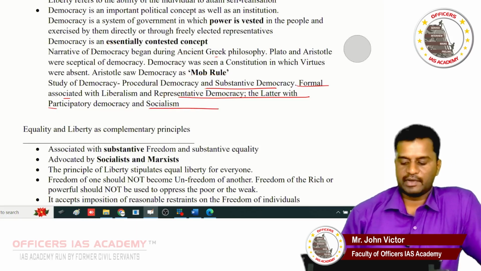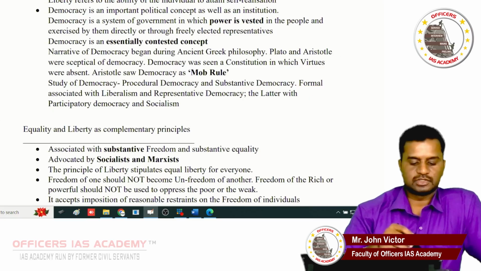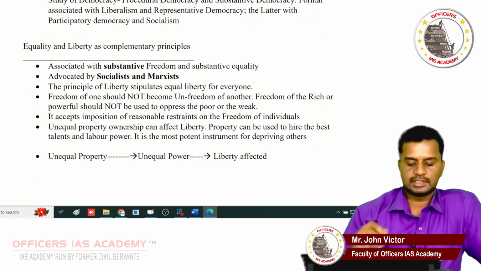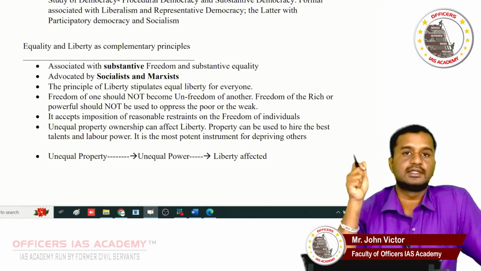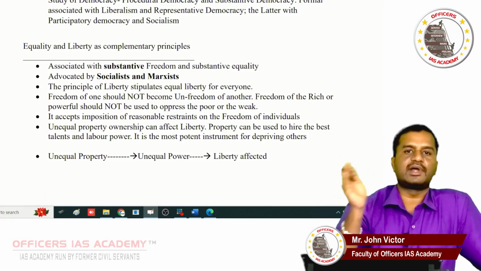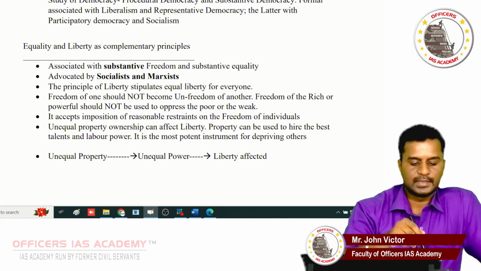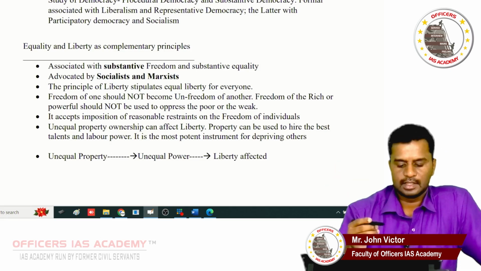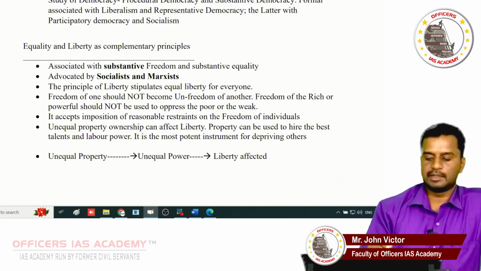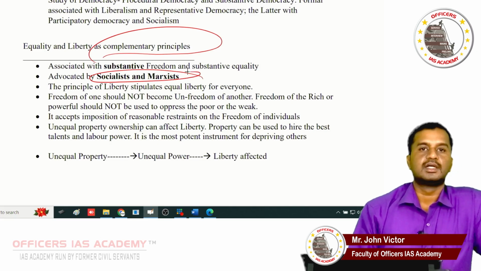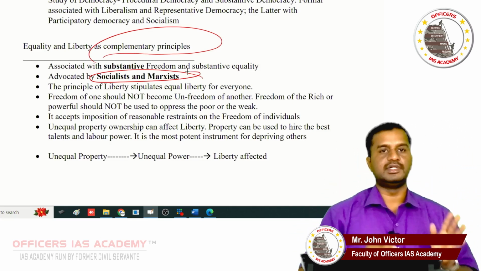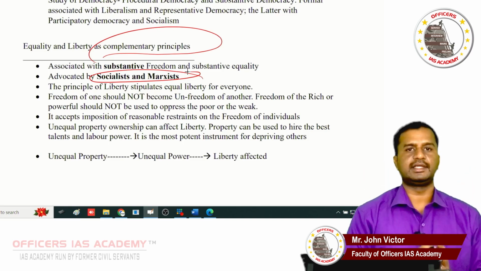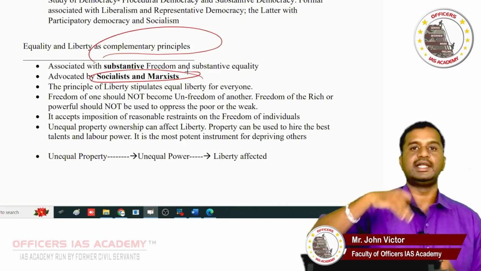Then correlate equality and liberty based on complementary principles as well as contradictory principles. We have to substantiate democracy by relating equality with liberty. Complementary principles are upheld by socialists and Marxists. According to them, liberty can be achieved only with economic equality. If people are not economically equal, it leads to unequal power.